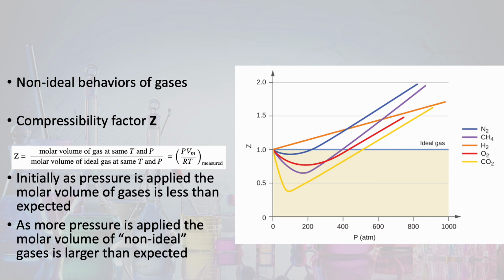Somewhere over here, right around 400, is when methane and oxygen behave as an ideal gas. And somewhere around 500 atmospheres is where CO2 would behave as you would expect it to if it was an ideal gas. So again, compressibility factor is one way we can mathematically measure and observe the differences in how real gases behave versus how they would if they were ideal gases. And the pressure increasing here is one of those key factors.